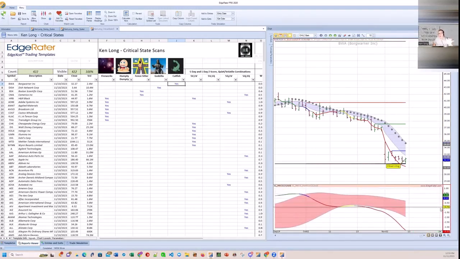So this set of 5 critical states gives you 2 things at the very, very top of the stack, fireworks and Humpty Dumpty, and 2 things at the very, very bottom of the stack, Godzilla, volatile, and catfish, quiet, so that you can play the extremes.